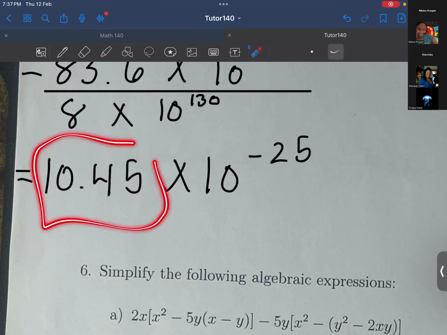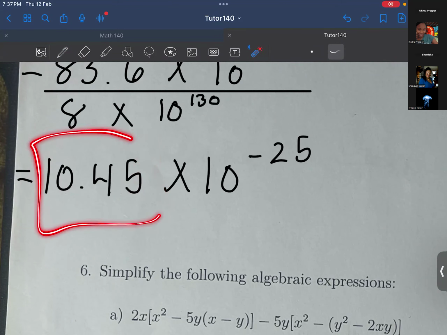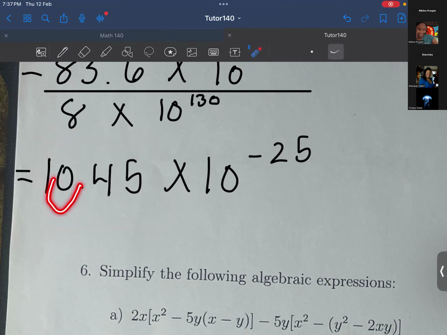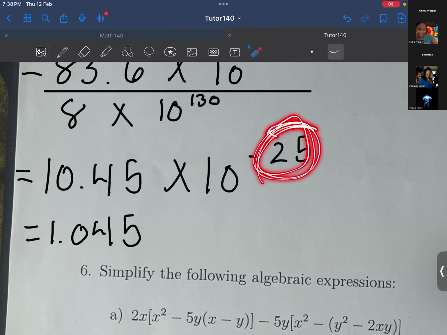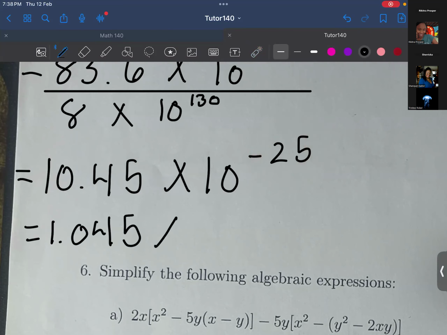If you can see, this is more than 10. So we're going to have to move this decimal place over once. And when you move this over once, this is going to be equal to 1.045, right? And that one that you move it over, you have to add it to this exponent here. So negative 25 plus 1 is negative 24. So times 10 to the power of negative 24. And that would be your final answer.